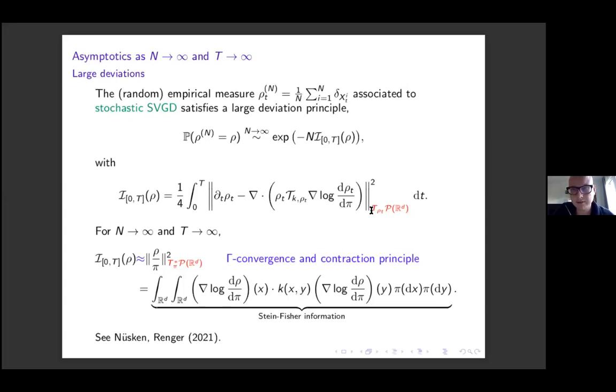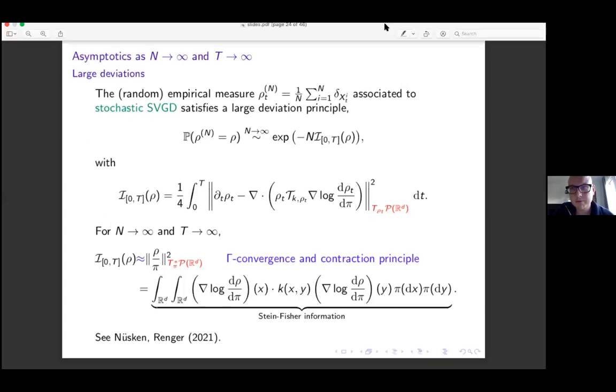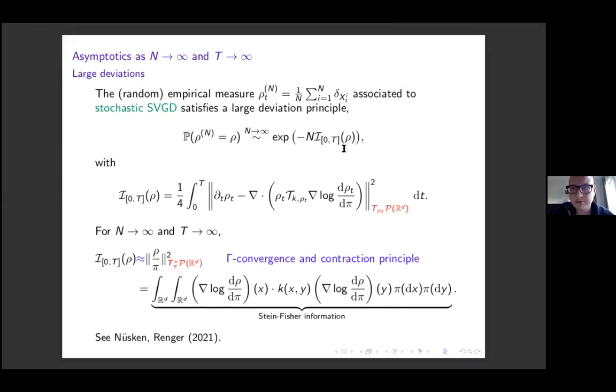I showed you the distance between probability measures that was induced by the reproducing kernel Hilbert space, and I said that this is a sort of geodesic distance that can be thought of as induced by a Riemannian metric. And the Riemannian metric is this. I don't write down in this talk exactly how it looks, but there's a more or less explicit expression for it, and this is exactly what shows up here.